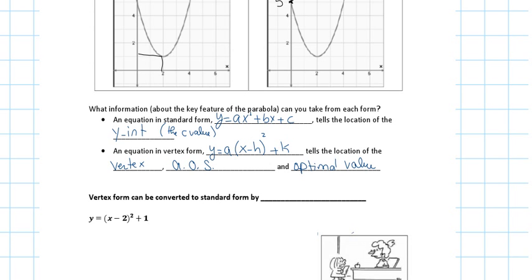Now, the question is, how do I convert from vertex form to standard form? In this course, we only learn how to convert from vertex to standard and not the other way around. The process is called expanding. It's the same thing as what we did earlier.